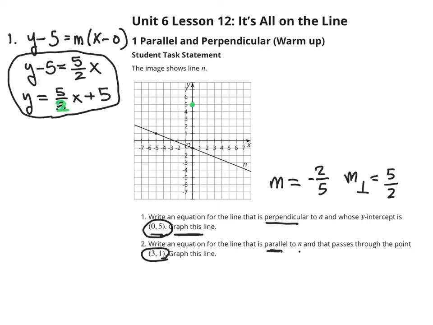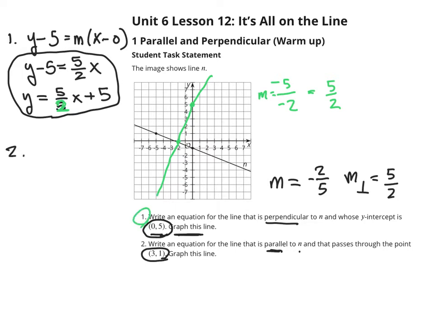I can't go up 5 and over 2 because there isn't 5 to go. So I'm going to go down 5 and left 2, which is the same as up 5 and right 2. I'm going to go down 5, 1, 2, 3, 4, 5, and then negative 2, 1, 2, right there. And that is number 1.